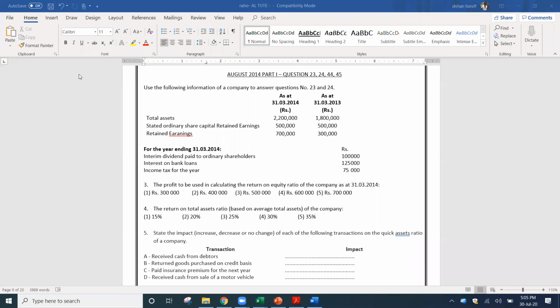For the year ending 31st March, interim dividend paid to ordinary shareholders 100,000, interest on bank loan 125,000, income tax for the year 75,000. The profit to be used in calculating the return on equity ratio of the company. We need to calculate the profit.